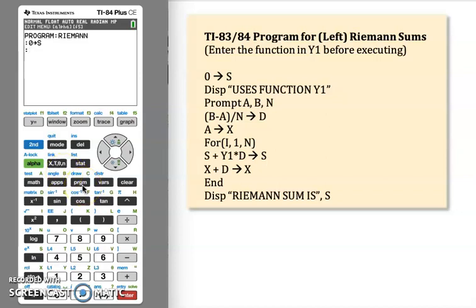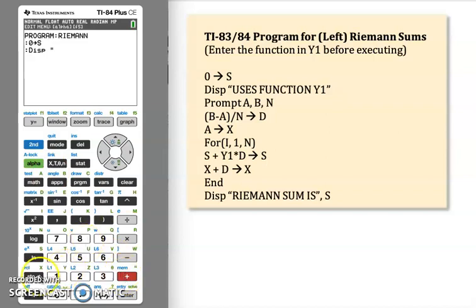So we're going to display. Go to program, it's an input-output thing. The third option is display. The text that we're going to display is "uses function Y1". Any text you put in quotation marks. Once again, you can use second alpha to lock your keypad.